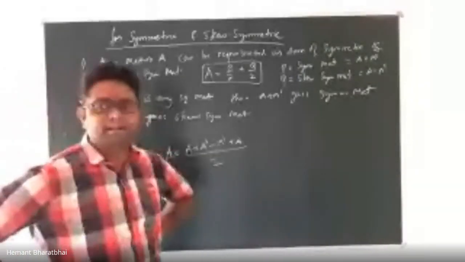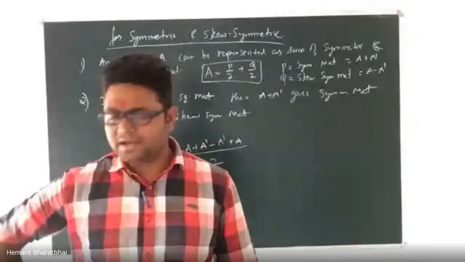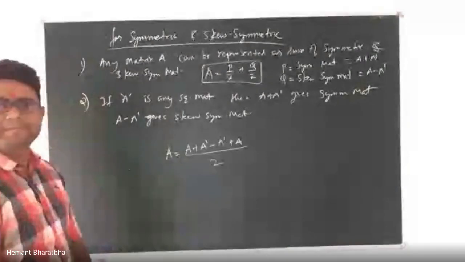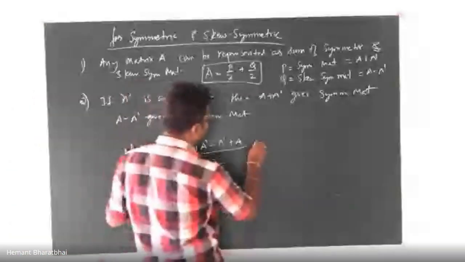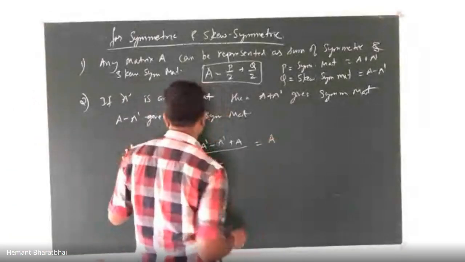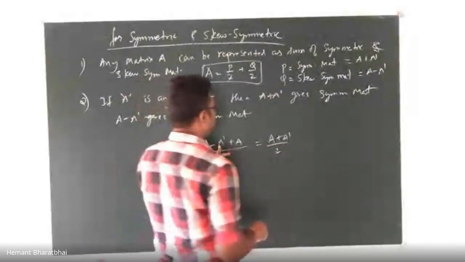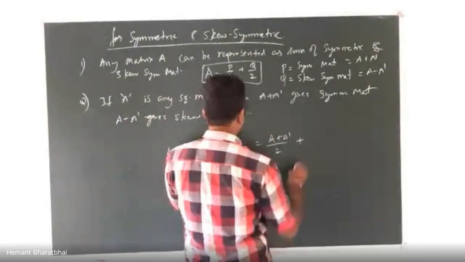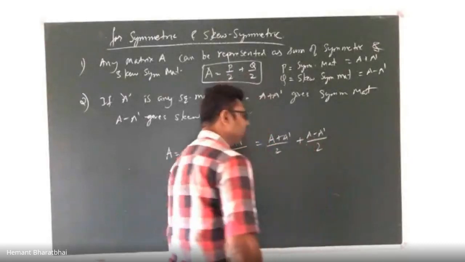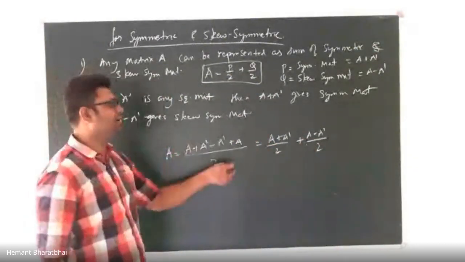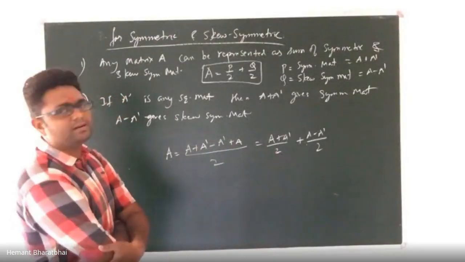A plus A will give me 2A, divided by 2 will give me A. So in any case, I can write A as A plus A transpose upon 2 plus A minus A transpose upon 2. I just separated the 2.